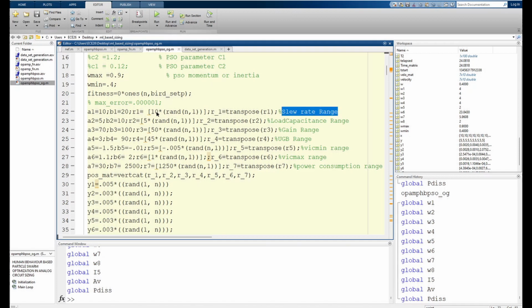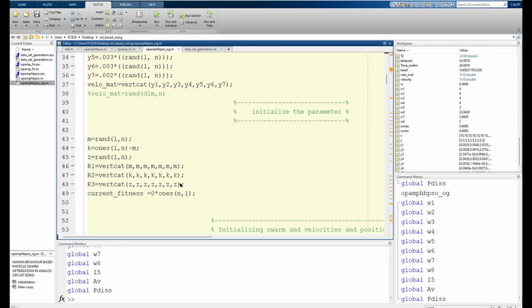The slew rate range is 10 to 20 volt per microsecond. The load capacitance is 5 to 10. The gain range is 70 dB to 100 dB, the UGB range is 3 megahertz to 90 megahertz, and this is the VIC range, meaning the common mode voltage range, minimum and maximum, and these are the power consumption ranges.